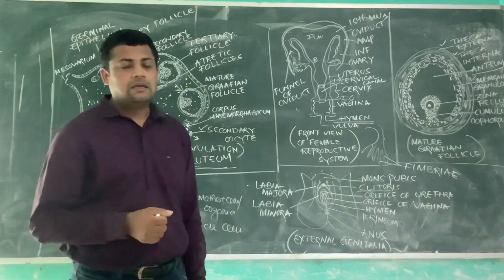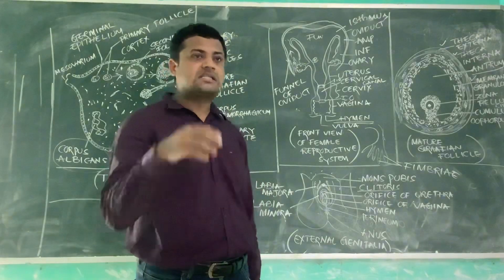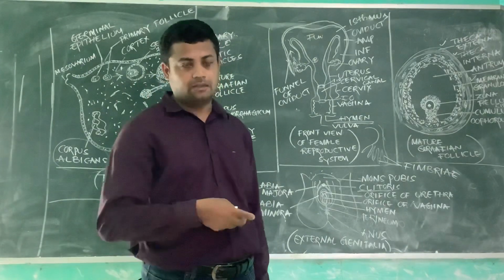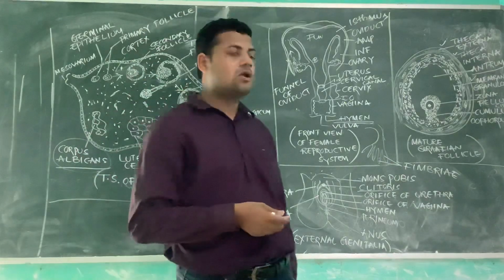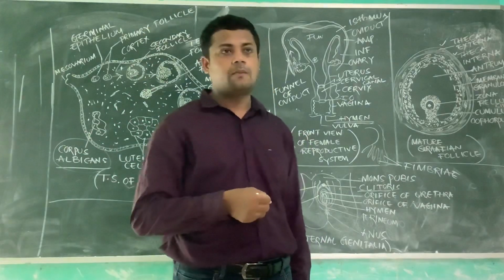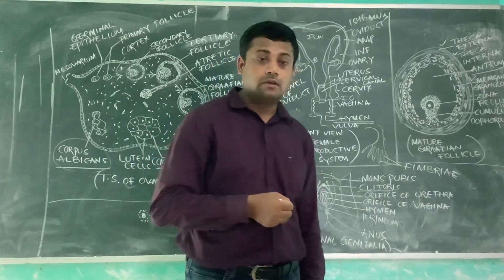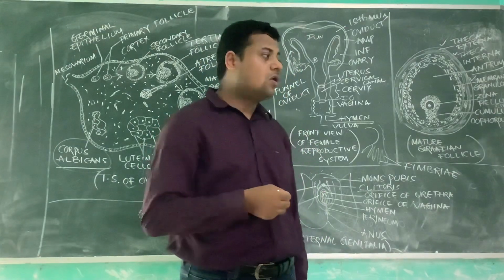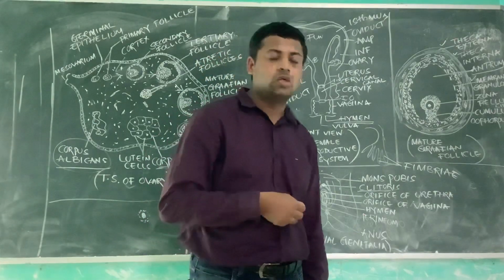There are two hormones responsible for the synthesis and release of milk. One is the prolactin hormone, or lactogenic hormone, secreted from the pituitary. Another is the oxytocin hormone, also secreted from the pituitary gland.